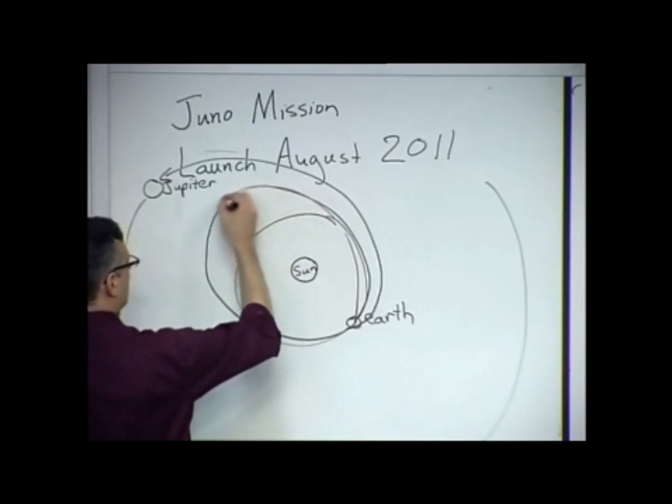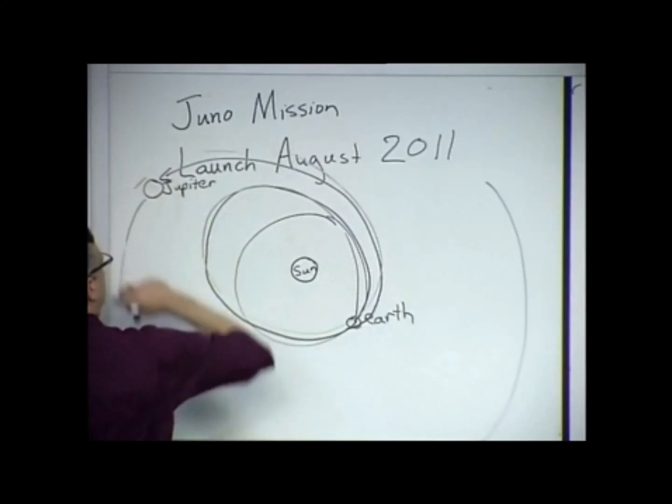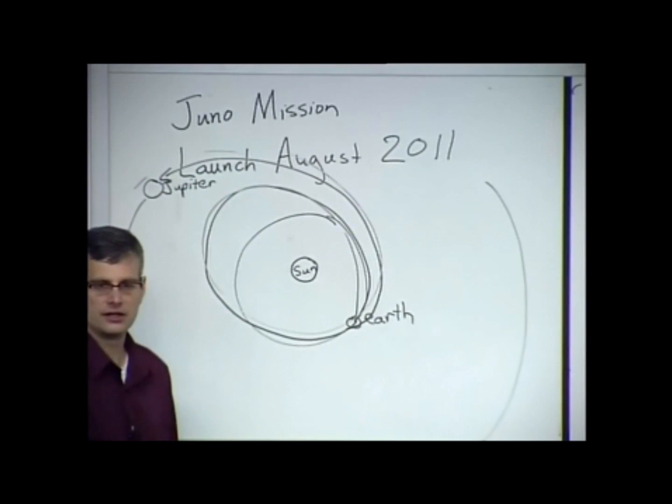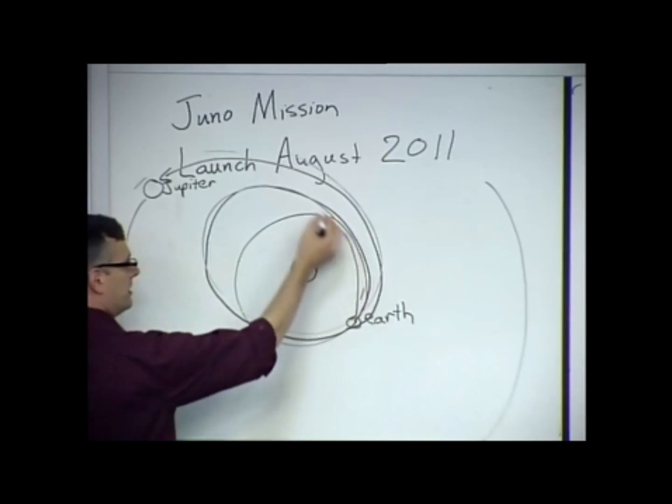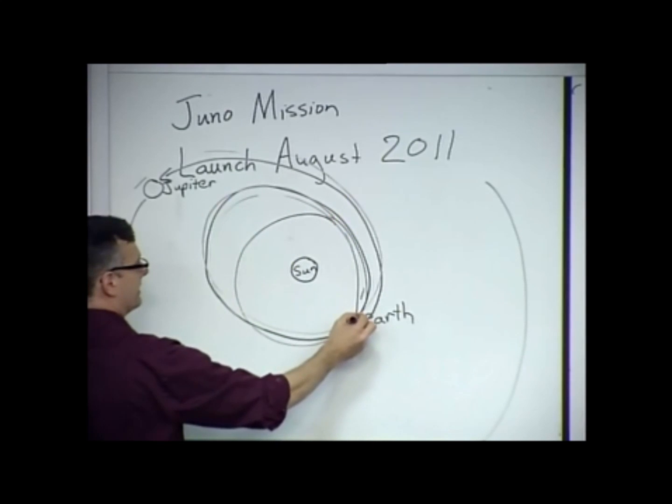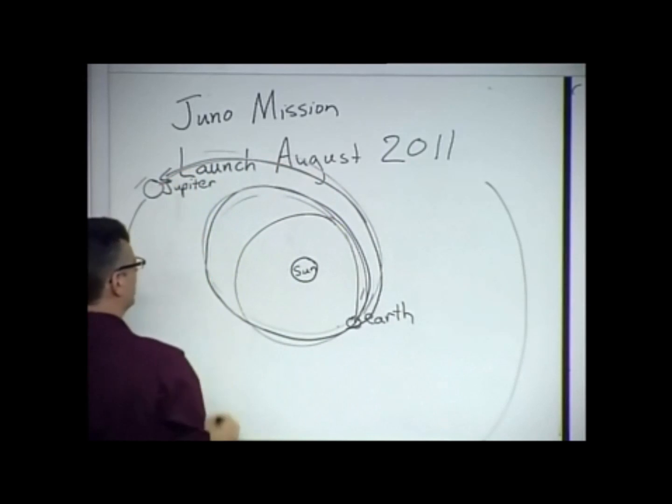So basically, one full period of this orbit and a half period of this particular orbit.